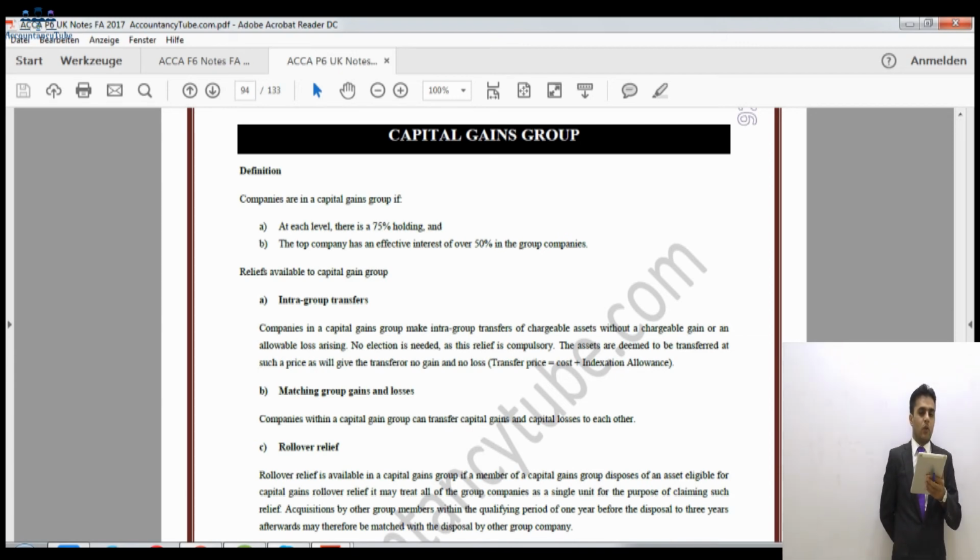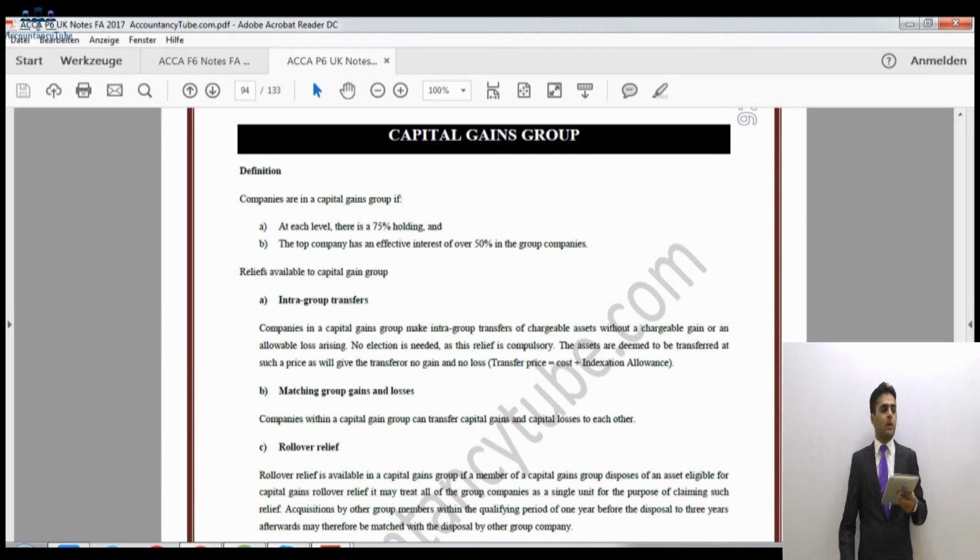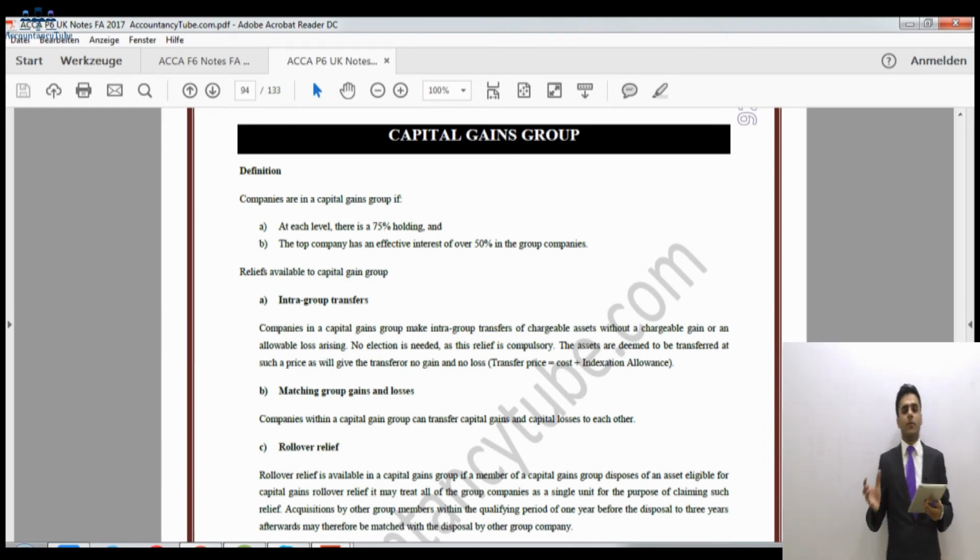Now for the group CGT purposes, say for example, if one company had sold an asset and another company had bought that asset, another company had bought another asset, then for the roll relief purposes, the whole group will be considered as one single unit. Now if, say for example, there were 3 companies, company A has sold an asset, but company A did not reinvest the same amount in another asset, but company C had bought another asset.